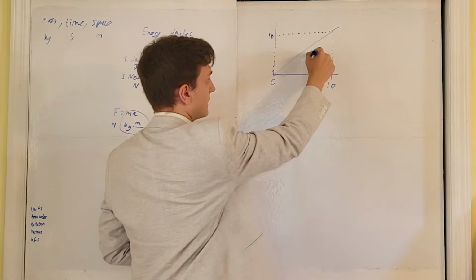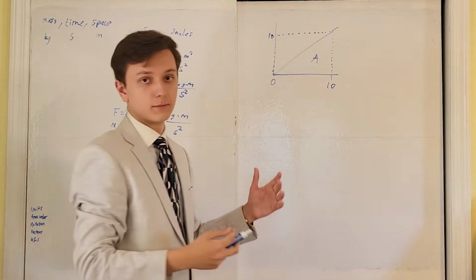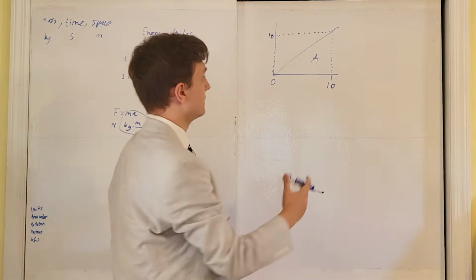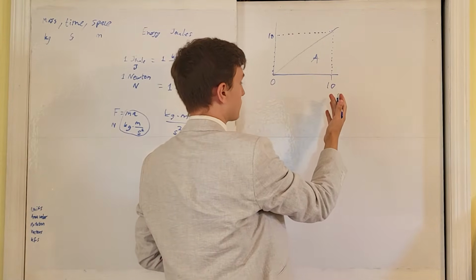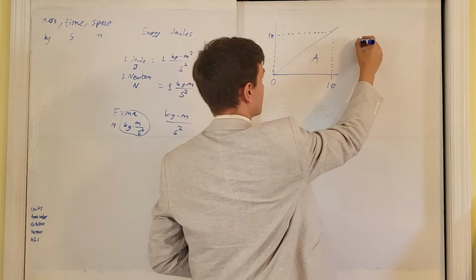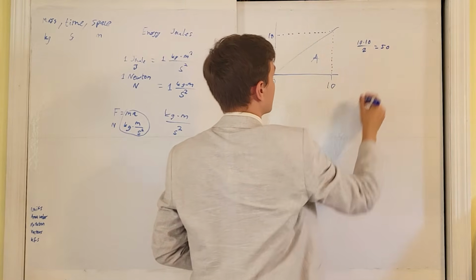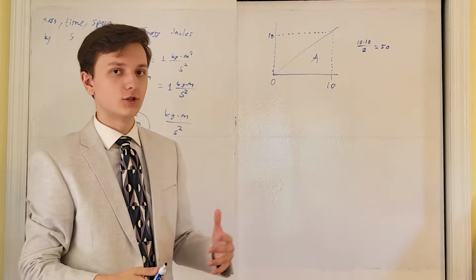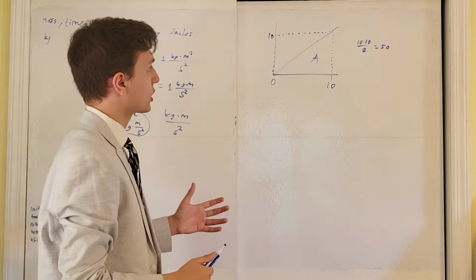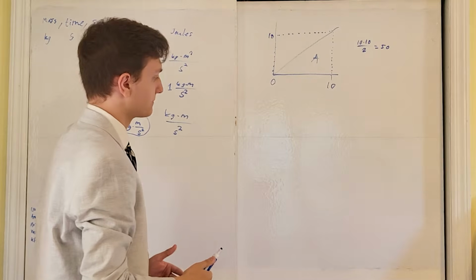If I wanted to find this area, I'm sure we all know our geometry, that the area of a triangle is the base times the height over 2. So finding the numeric value shouldn't be a difficult part, but rather interpreting what it means, okay?